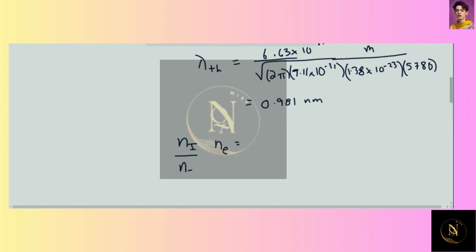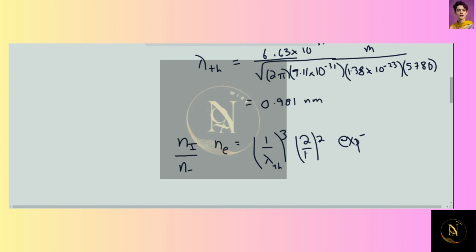This is 1 over the thermal wavelength cubed. We're going to put in the degeneracy, 2 over 1 times 2. There's a factor of 2 already in the equation.